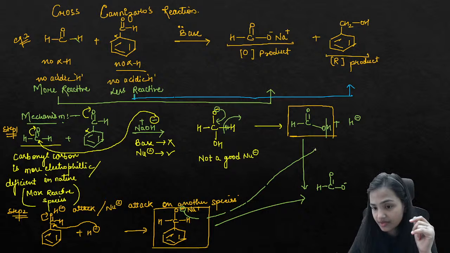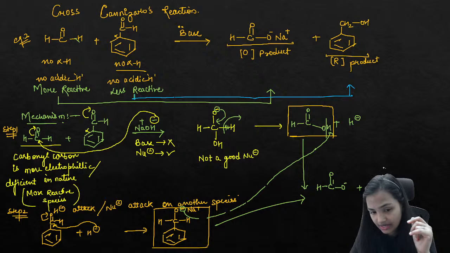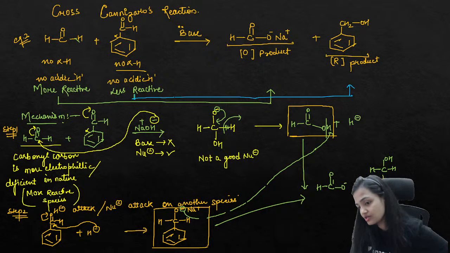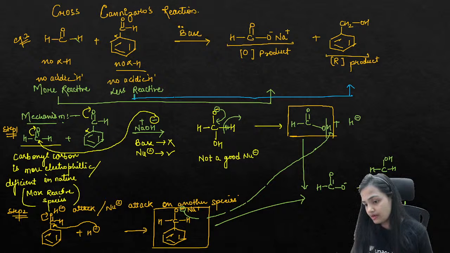This species will be carrying its acidic hydrogen, and therefore this will become the alcohol, that is CH3OH. So this has abstracted the acidic hydrogen and has become the alcohol, that is the reduced product.